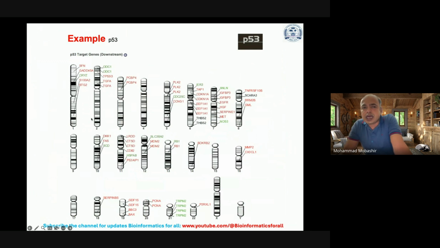These highlighted genes are directly or indirectly interacting with P53, and they are located on almost all the chromosomes except 4 or 5 chromosomes. For example, chromosome number 4 has no TP53 here, but this is the old slide. You can also look for newer studies where you can see the location of TP53 even on chromosome number 4 or maybe some other chromosomes. So you can now understand how impactful a role TP53 could play as a whole.